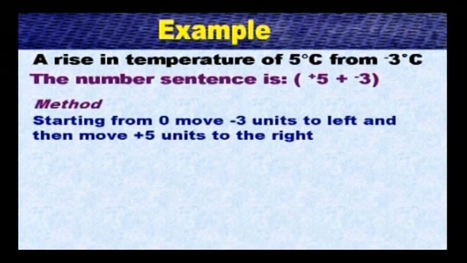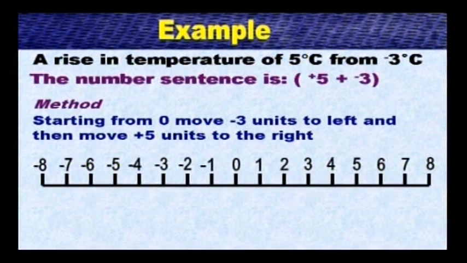The method to show the addition of negative and positive is: starting from 0, move -3 units to the left, and then move positive 5 units to the right. How do we show that on the number line?